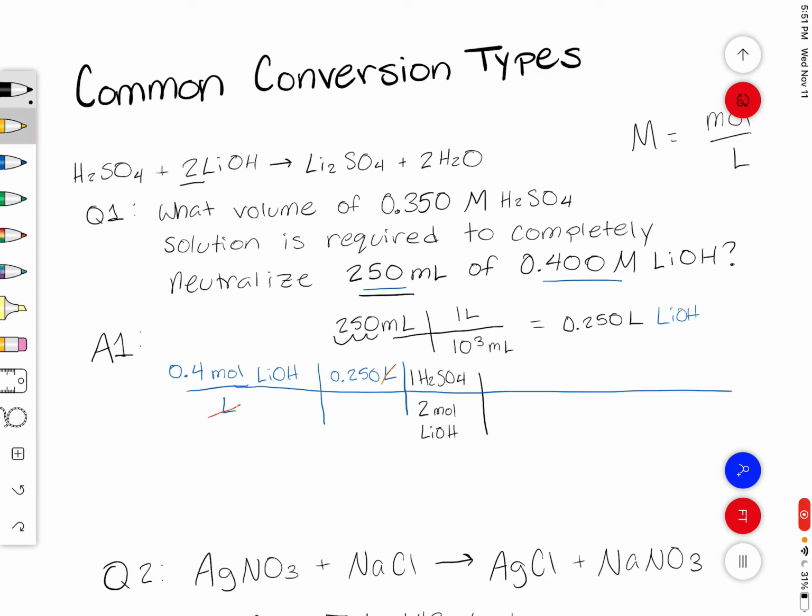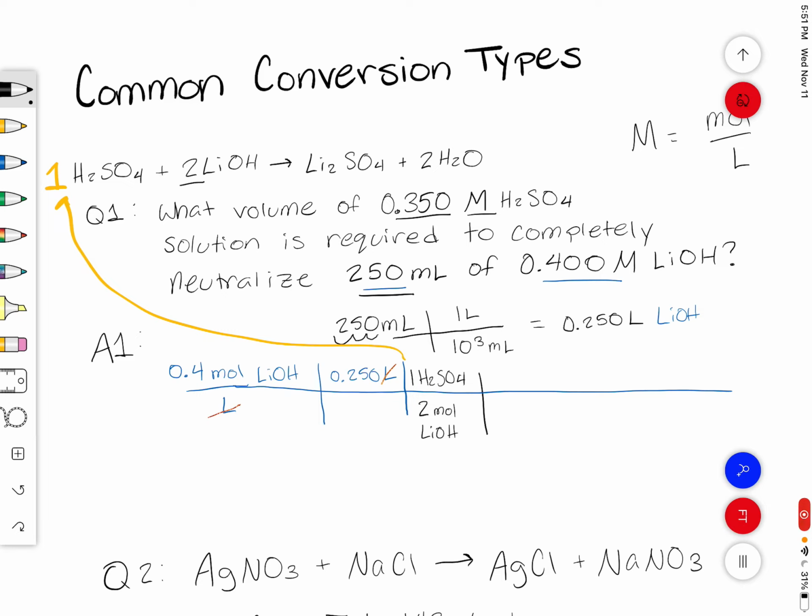And that's coming from this coefficient up here at the top, which is a 1. Okay, so you know that you have 0.350 molar of H2SO4.